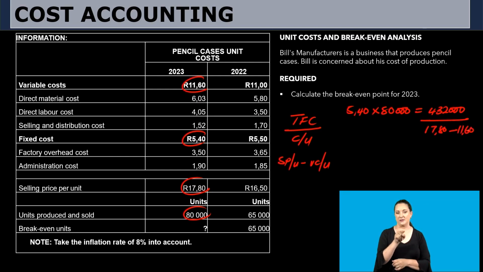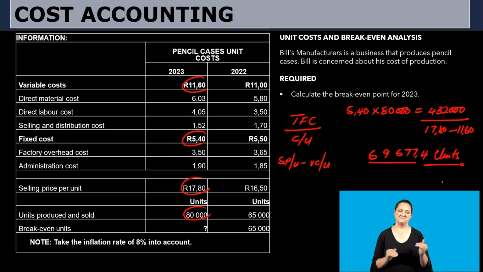And then it gives you your break-even point, which is going to be 69,677.4 units. That becomes your break-even point.